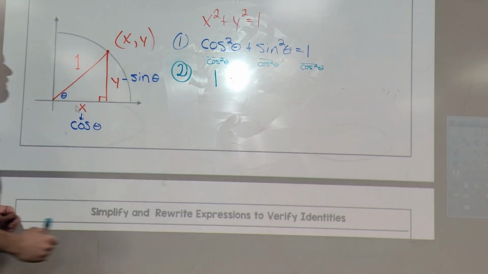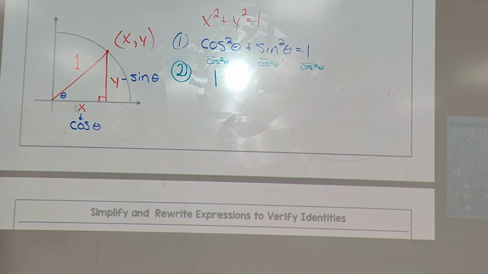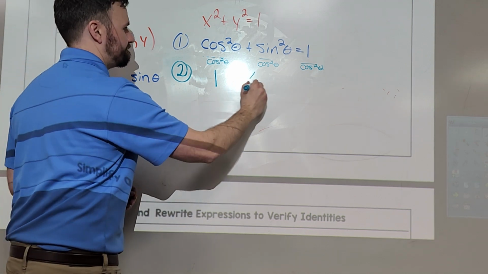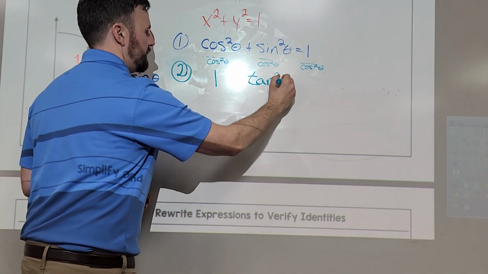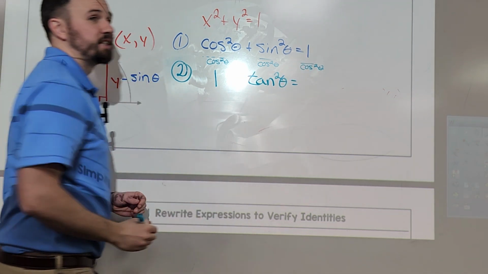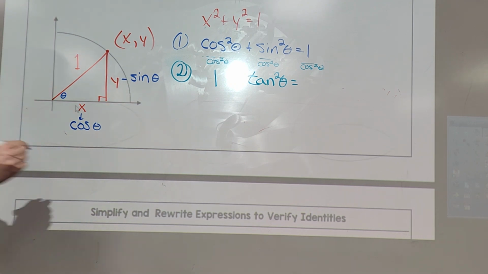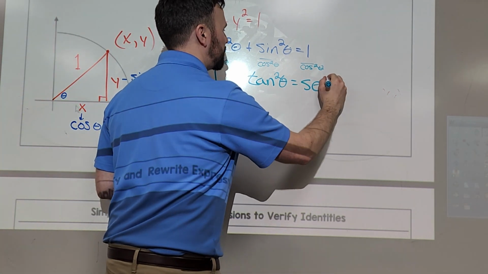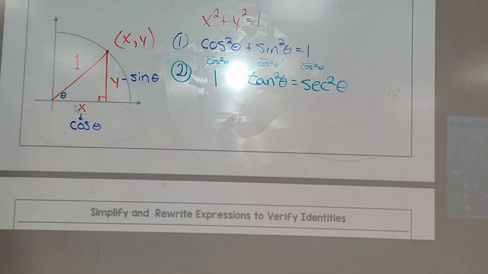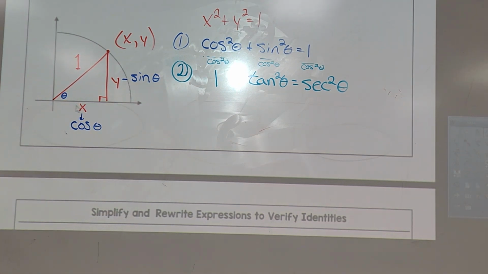What's sine over cosine? And what's 1 over cosine's identity? Secant. Wait a second, Mr. Twilliger. That's the other identity I told you to memorize. It's another Pythagorean. How many steps was that proof? These are the proofs that we would do. They're like plugging in stuff.